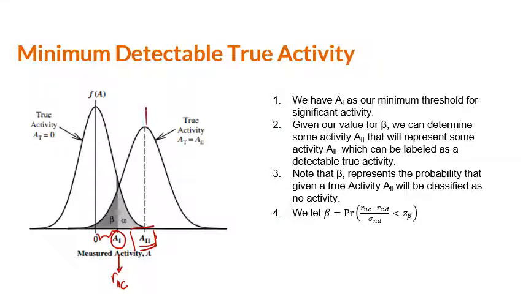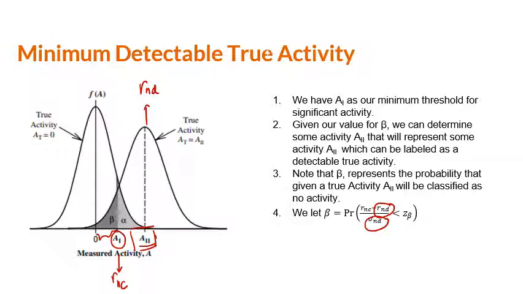Yung RND, ito yung activity na masabi natin na meron tayong na-detect na true activity, wherein yung beta, ito yung sinet natin initially after knowing what is alpha and what is A1. Okay, so yung RND, hindi natin alam. May alam tayo sa spread ng sigma ND, which is also a function of RND.